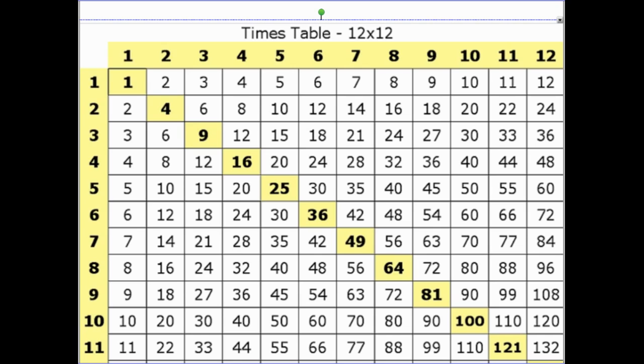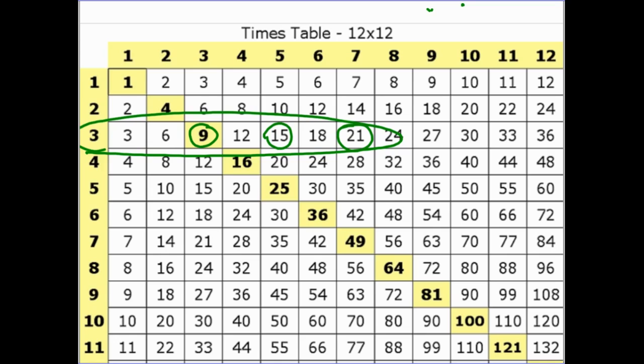Okay, so 15, 9, 21. Oh, look at that. I found them all in the same row here. Right? 15, 9, 21.